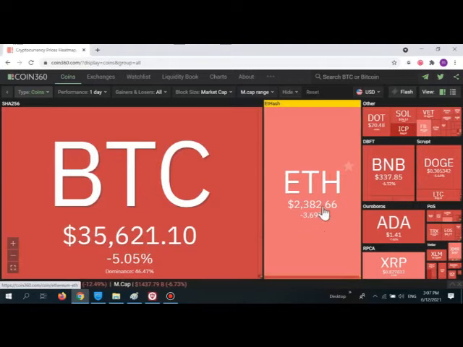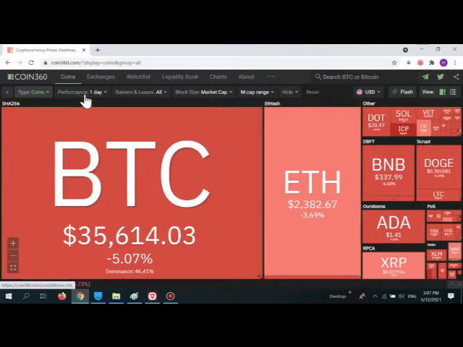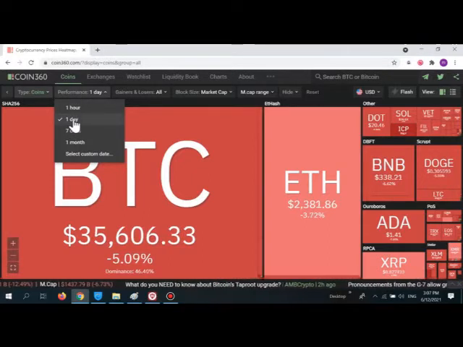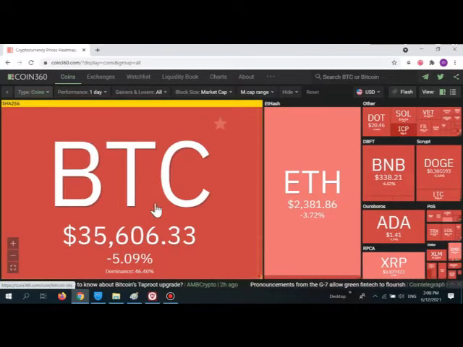The time frame of the variations in the price and the percentage can be chosen in the second menu. As you can see, it is now on the 1 day time frame. And the way we call it in the literature of cryptocurrency, we call it performance.